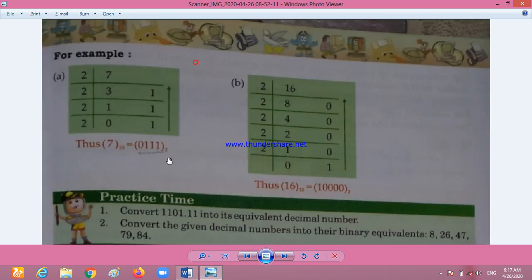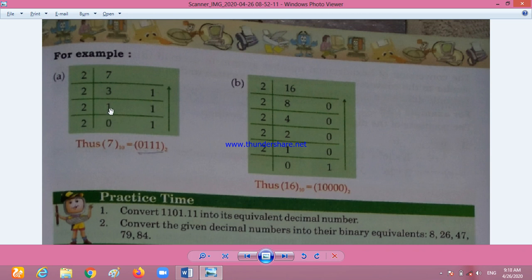So what do we do? 7 divided by 2, then we have 3, because 3 times 2 is 6, and the remainder is 1. Then again 3 divided by 2, 1 time 2 is 2, and the remainder is 1.